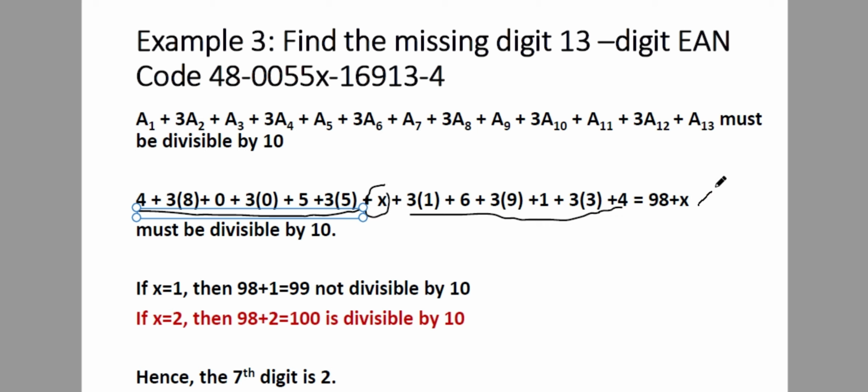If x equals 1, then we have 99, which is not divisible by 10. If x equals 2, then it's 100. So now it's divisible by 10. Therefore, the seventh digit, this one, is 2. Okay, so that is our missing digit.